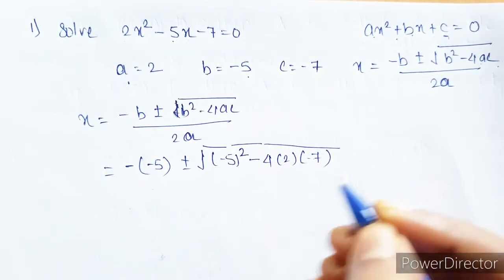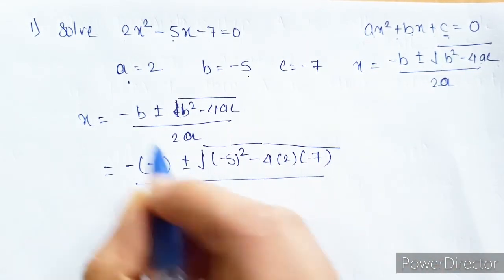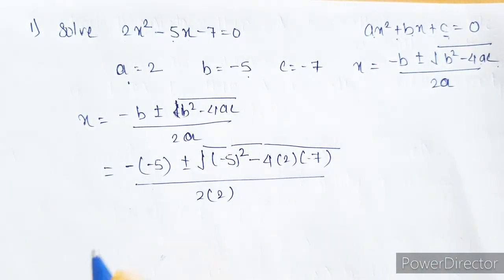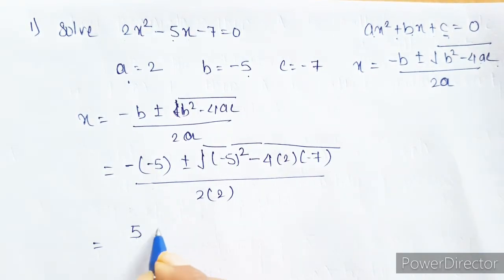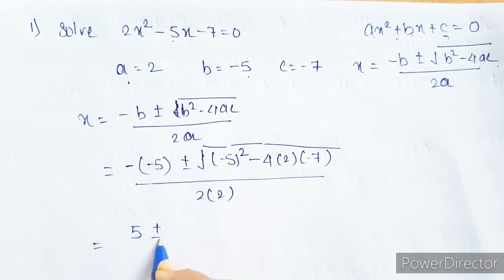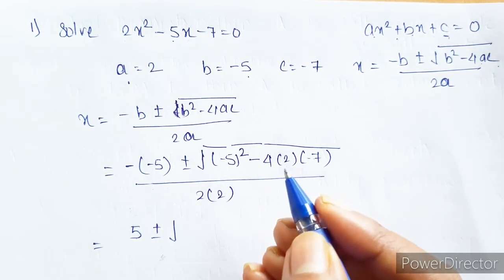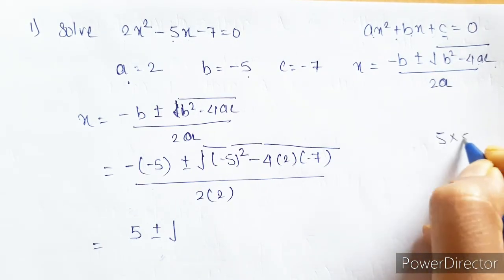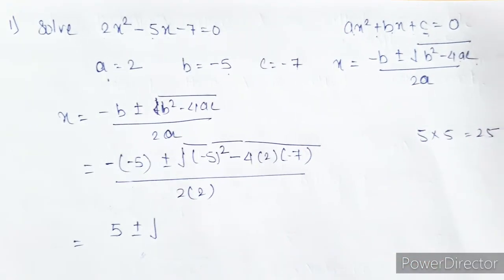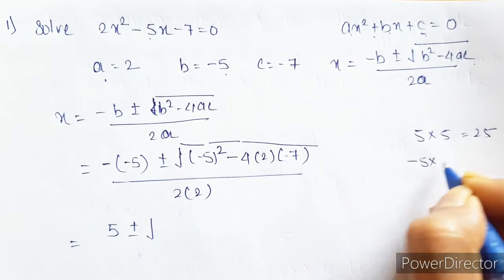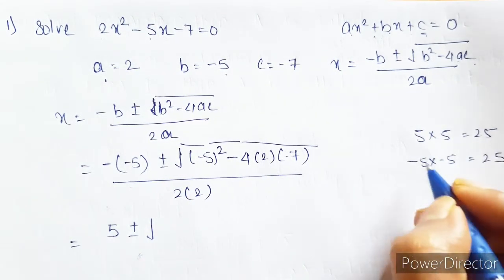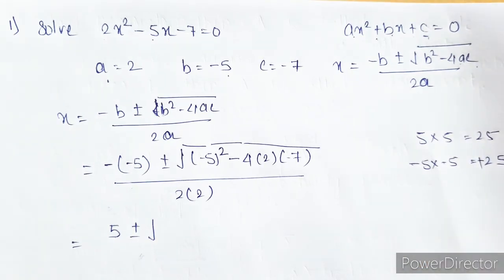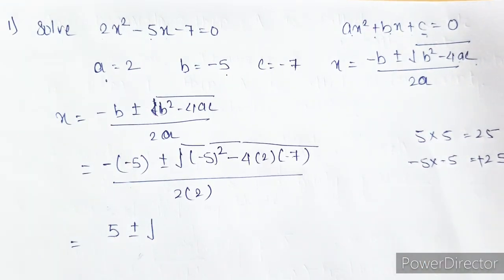This is under the square root, upon 2 times a, that is 2. So this negative will get cancelled, and what we have is plus 5 plus or minus root of minus 5 square. 5 square is 25, that is 5 into 5. Similarly minus 5 into minus 5 is also going to be 25, because the negative will become positive. The square of any number is always going to be positive.